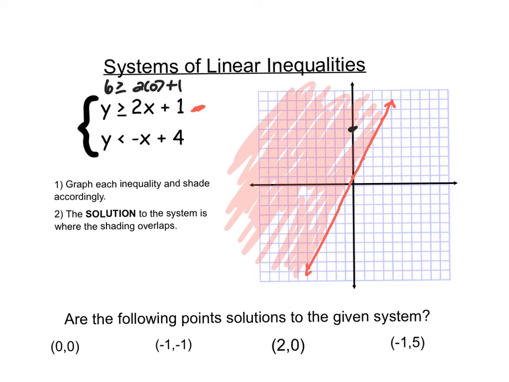Okay, and then I'm going to graph the other one using blue. So this has a y-intercept of 4, 1, 2, 3, 4, and a slope of -1. And so I'll just graph a bunch of dots here, and this one is less than, so that means I'm going to do a dotted line, not a solid line.